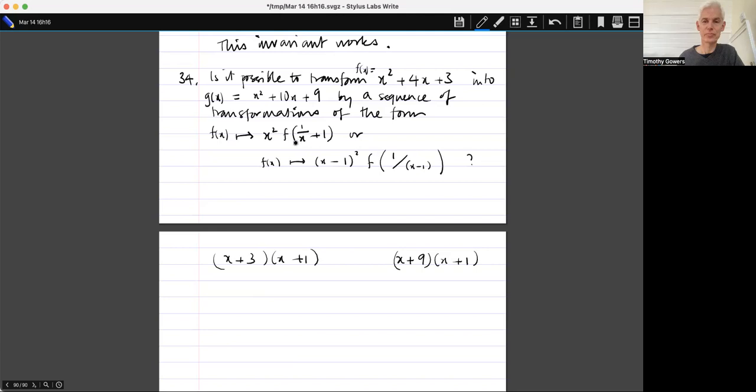So if f of minus 3 is 0, what is this when I apply it to minus 3? That doesn't look very nice at all. So I get f of 1 over minus 3 plus 1, so that's f of 2/3, and there's no reason that that should be 0.